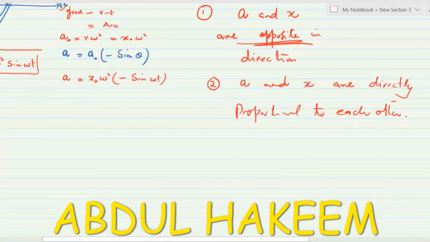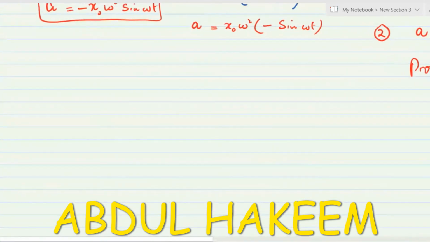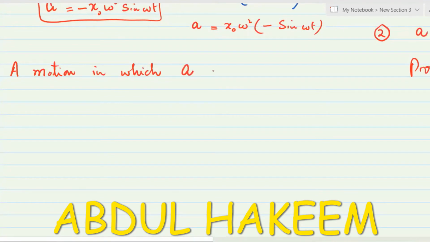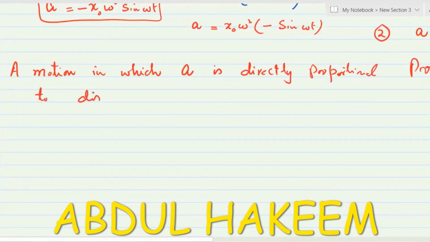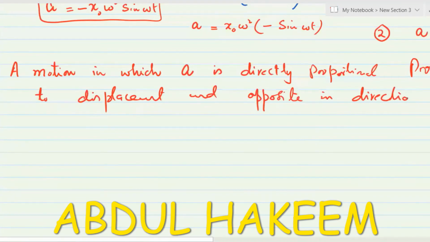So we can write: a motion in which acceleration is directly proportional to displacement and opposite in direction is called simple harmonic motion.